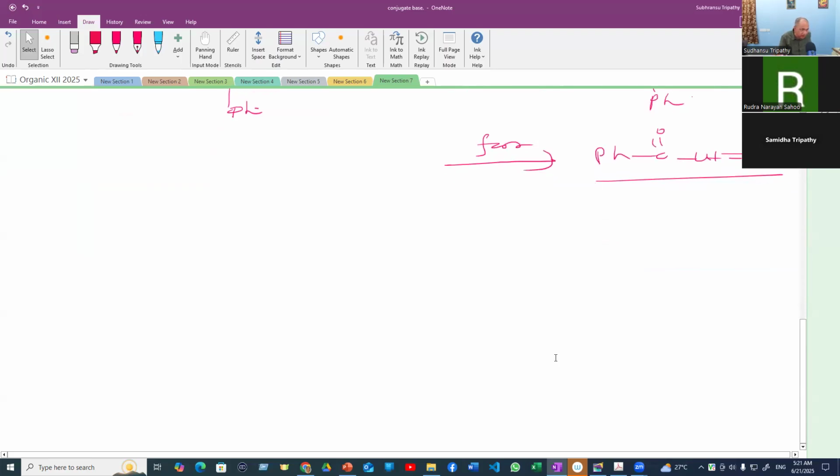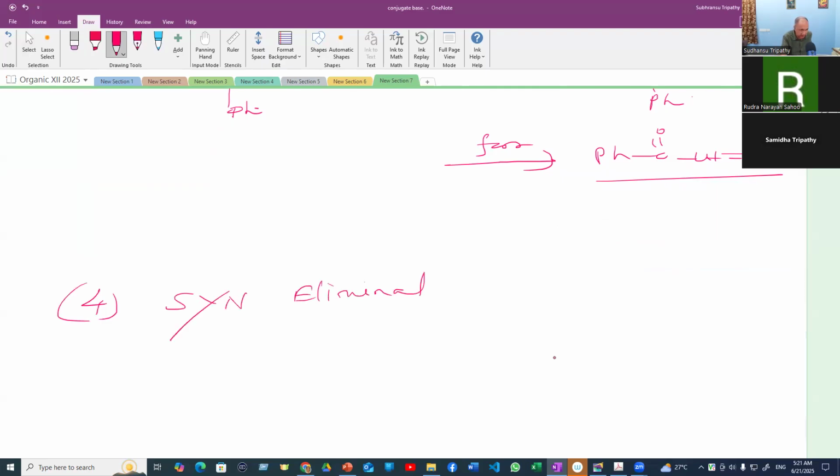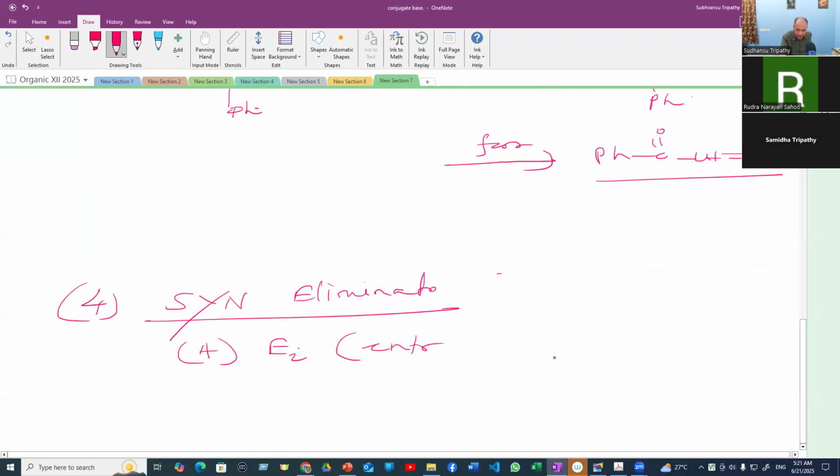Then comes the syn elimination. In syn elimination, there are two types. The important syn elimination is Ei, that is internal or intramolecular.